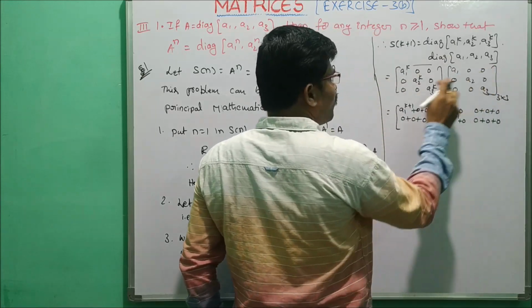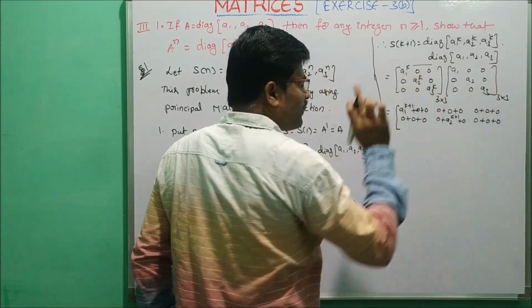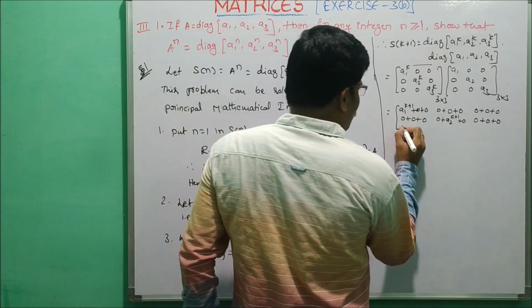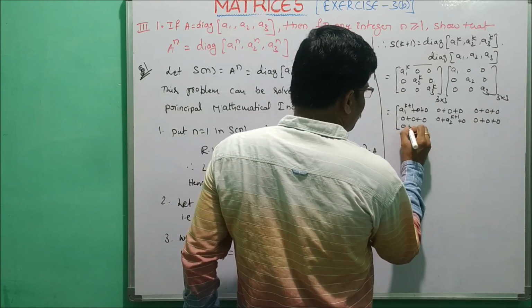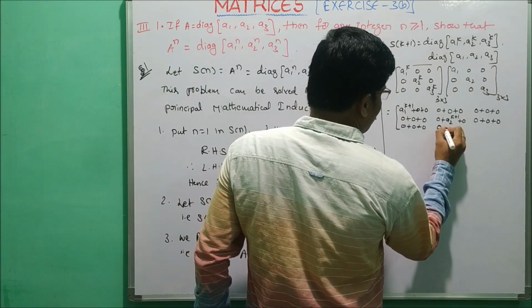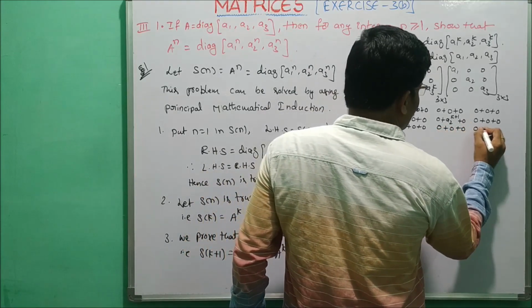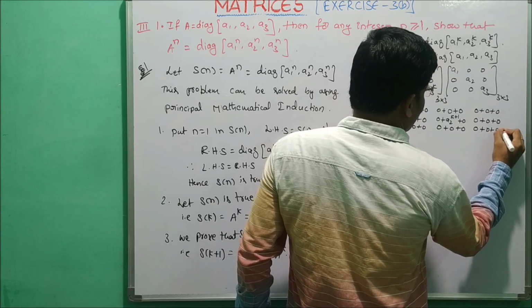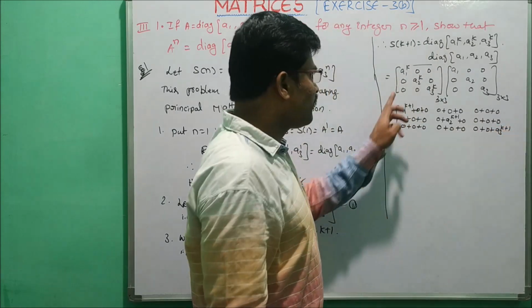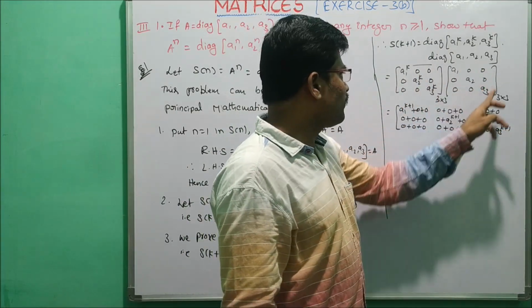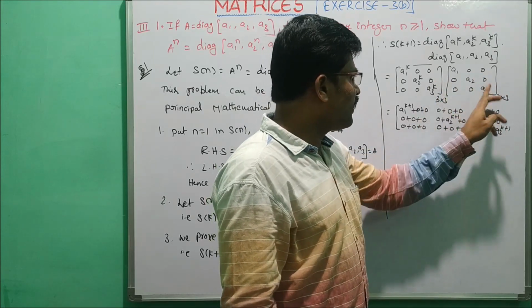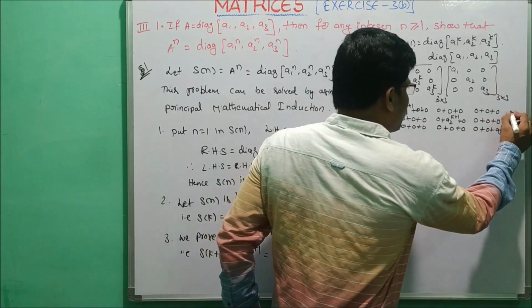So 0 into 0, A2 power k into 0, 0 into A3 is also 0. So third row, first two elements are also zeros. Here we write 0 plus 0 plus A3 power k into A3, that is A3 power k plus 1.